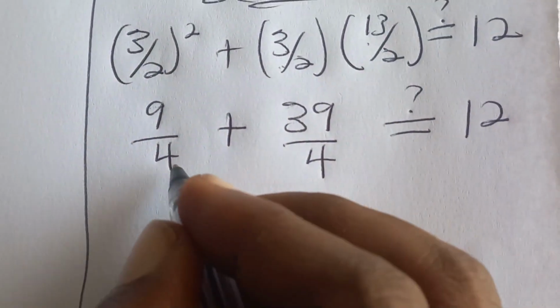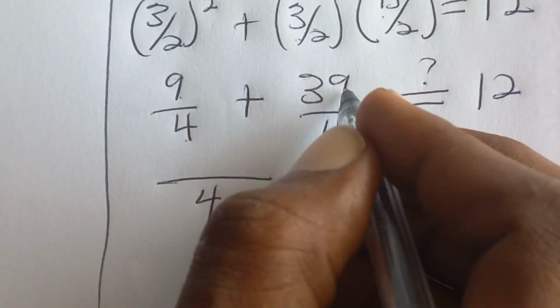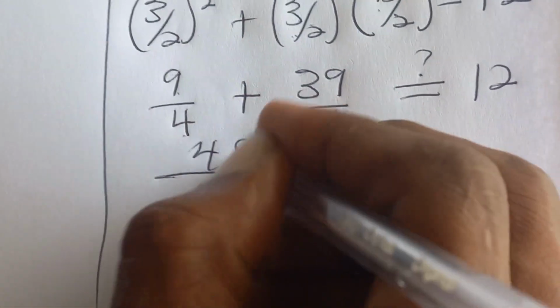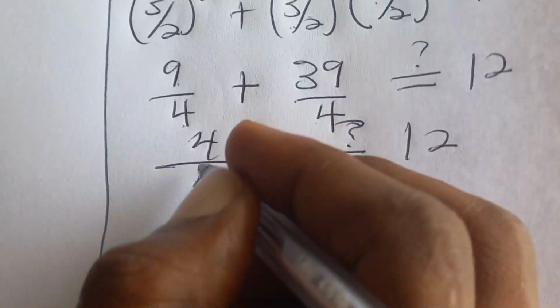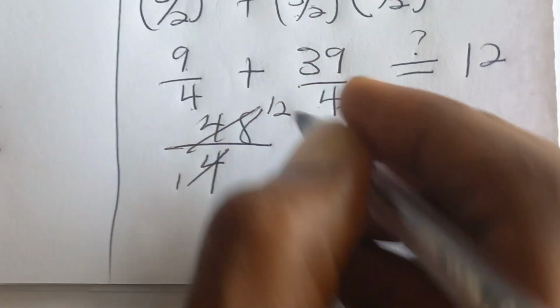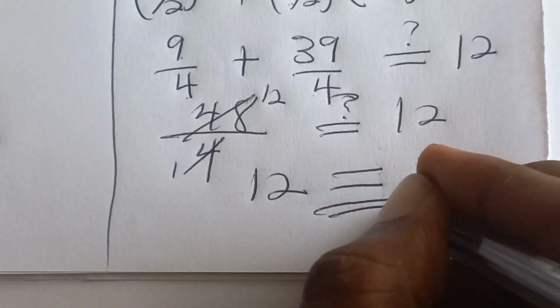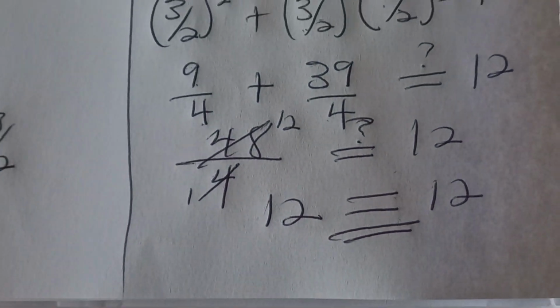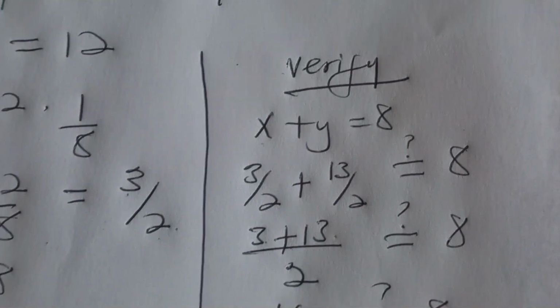So this and this are the same denominator, so we take 1 on 4. 9 plus 39, we get 48, and it should be equal to 12. 4 goes into 48 12 times. So we have 12 is equal to 12. So indeed, our x and y satisfy the equation.